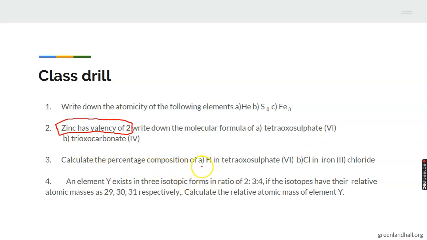Calculate the percentage composition of hydrogen in tetraoxosulfate(VI) and chlorine in iron(II) chloride. Then the last one is that an element Y exists in 3 isotopic forms in ratio of 2, 3, and 4. So if the isotopes have their relative atomic masses as 29, 30, 31 respectively, calculate the relative atomic mass of the element.